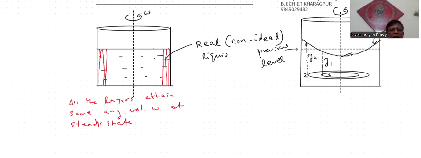You place yourself here as an observer. You notice here, take a fluid element. You are in a rotating frame. What forces will you see? For unit mass, the vertical force will be g.